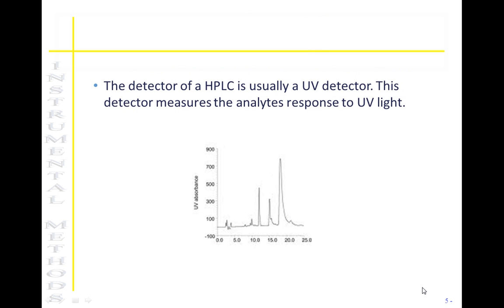The detector that's used on an HPLC is usually an ultraviolet detector. So this detector is going to measure the analyte's response to ultraviolet light, and you obtain data very similar to what is shown on this slide.